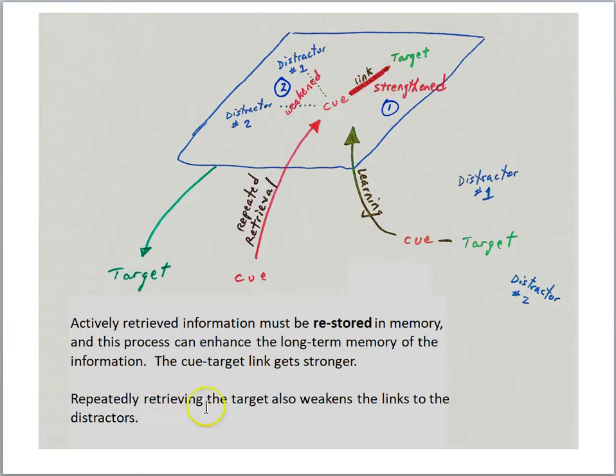In addition, repeatedly retrieving the target also weakens the links to the distractors. So this is like the flip side of the effectiveness of retrieval practice. You are strengthening the links that you want and weakening those other potential distractors that might be incidentally linked in the brain.